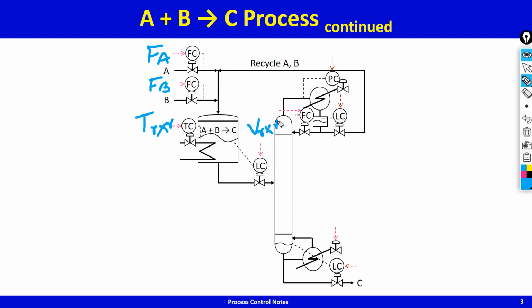on the column, reflux rate is fixed by this flow controller, steam rate is fixed by the steam valve position, and you also have, maybe we should use a different color here, you also have pressure of the column, hold up in the reflux drum, and hold up in the sump.